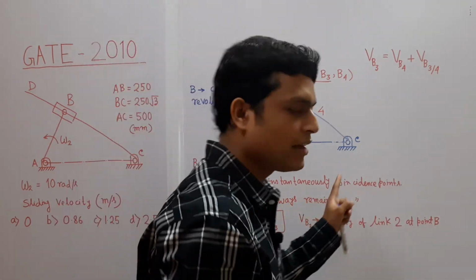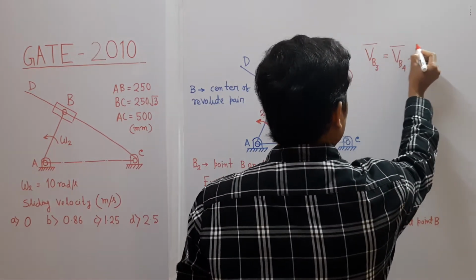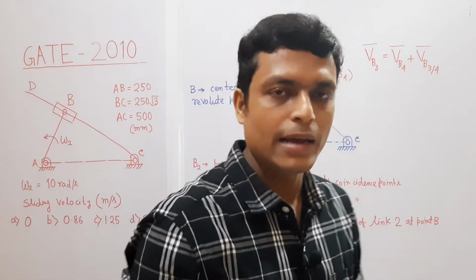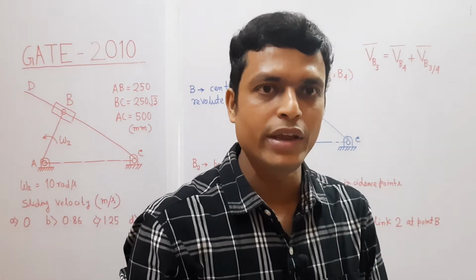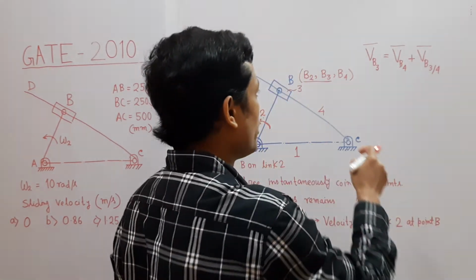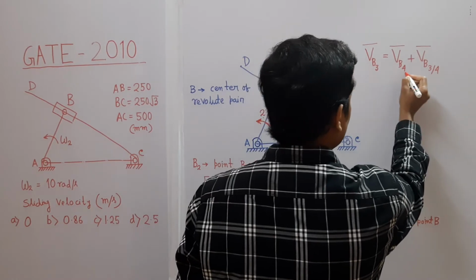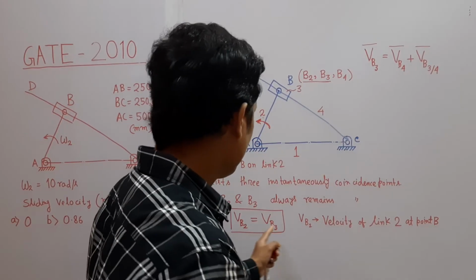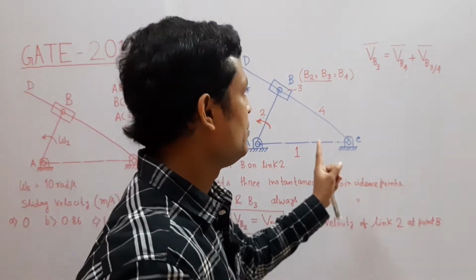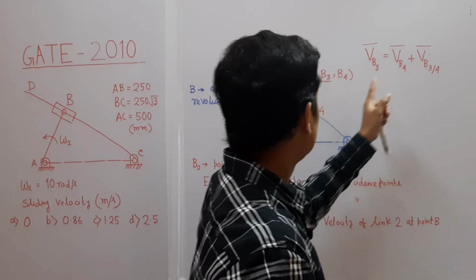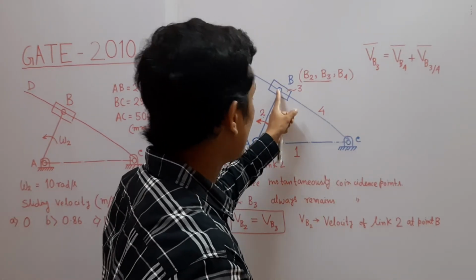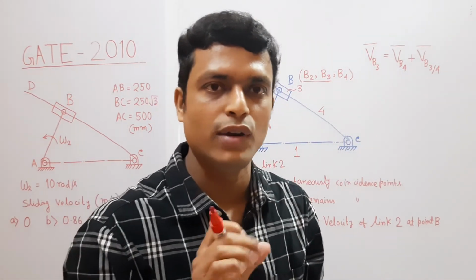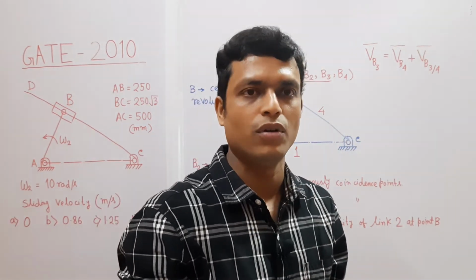We are applying the relative velocity method between link 3 and 4 at point B. We are applying between link number 3 and 4 at point B, and that equation is VB3, that is velocity of link 3 at point B. What is VB4? Velocity of link 4 at point B, and VB3/4 is relative velocity of link 3 with respect to link 4 at point B.